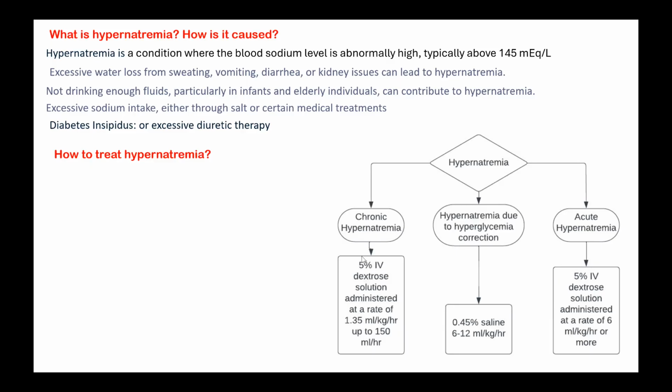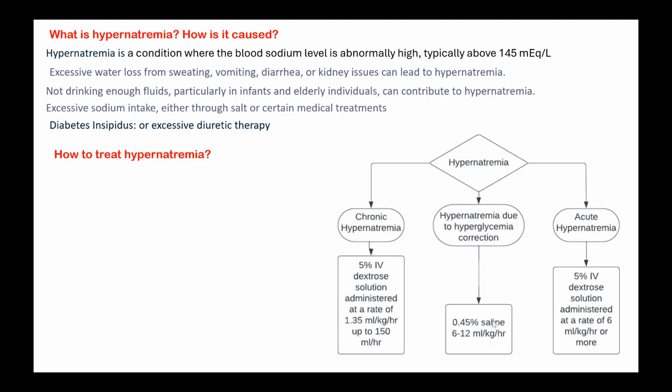So once you give 5% dextrose, what will happen? The dextrose will be metabolized using insulin, and it will become pure water, and the water will dilute the plasma and bring down the sodium level. That is the mechanism of how it will act. And for patients who are hyperglycemic, we go for 0.45% normal saline, which contains some amount of sodium.